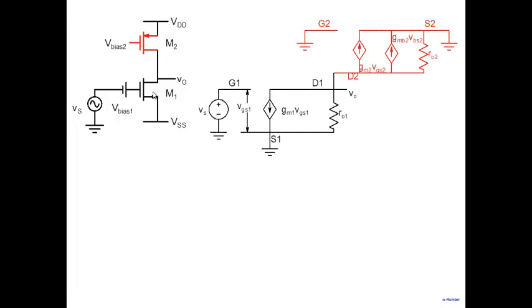And this one we can analyze in a similar manner. We replace M1 by a small signal model here. We replace M2 by a small signal model as well. Note the directions here. The directions of these dependent current sources are always from drain to source. Drain to source here, this is the source end here, and gate, of course, is ground.